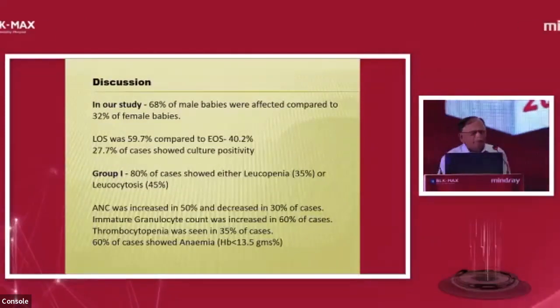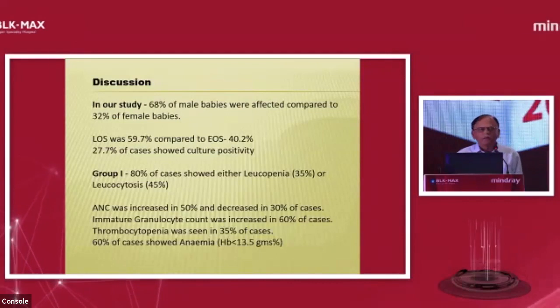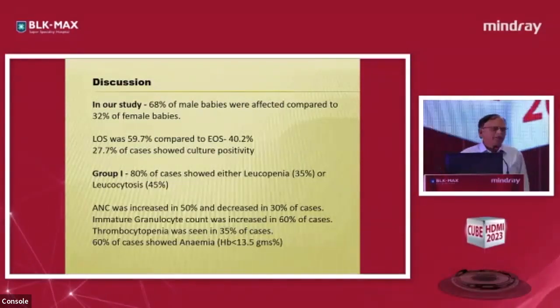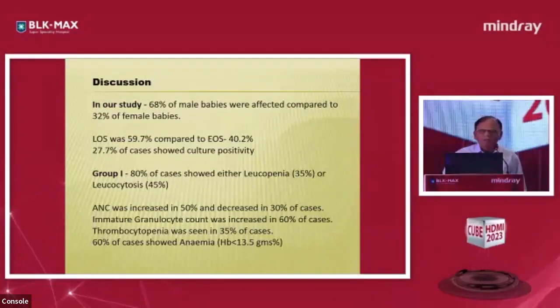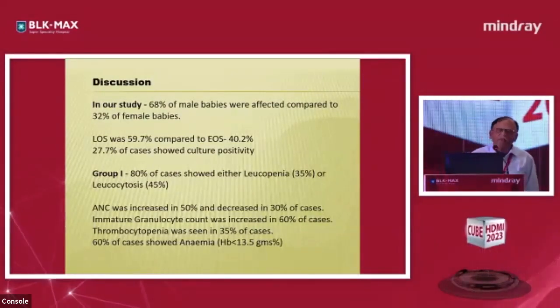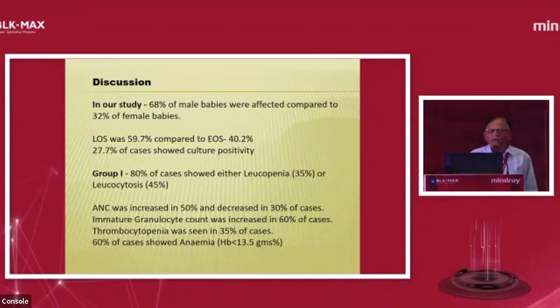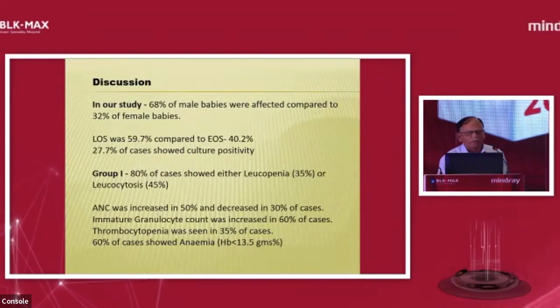And in our study, 27.7% of the cases showed culture positive. Though many cases are suspected of sepsis, we don't get culture positivity in all the cases. So we had only 27.7% of the cases showing culture positivity.